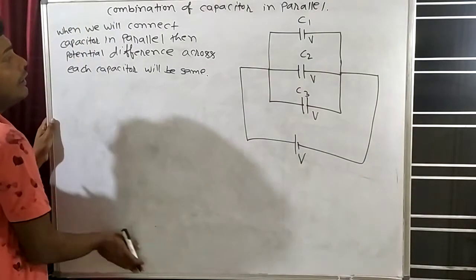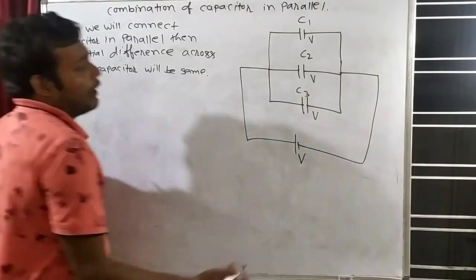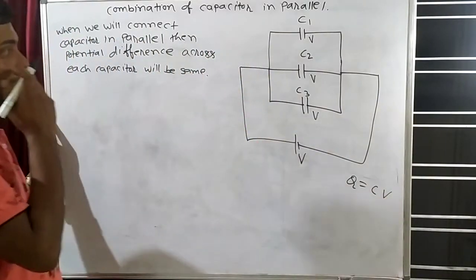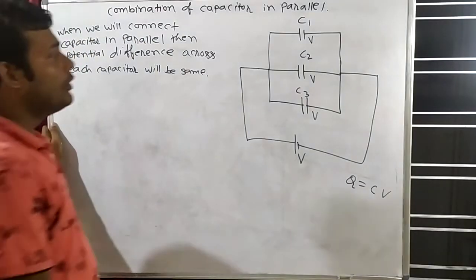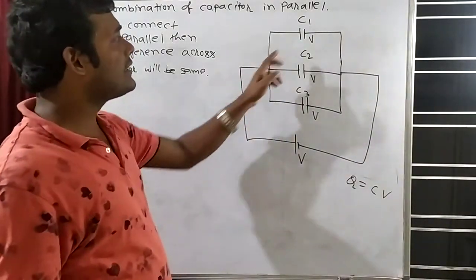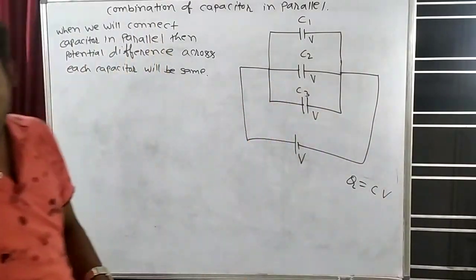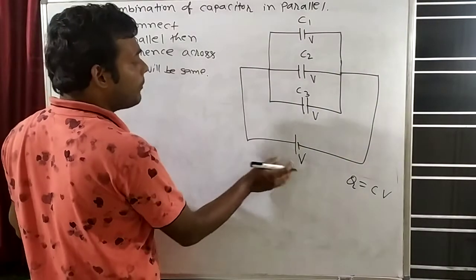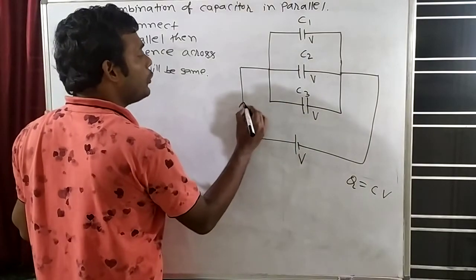Now see here, we know the formula Q is equal to CV. Here we don't know what the charge will be on each capacitor. So let us suppose that the cell is giving Q amount of charge.